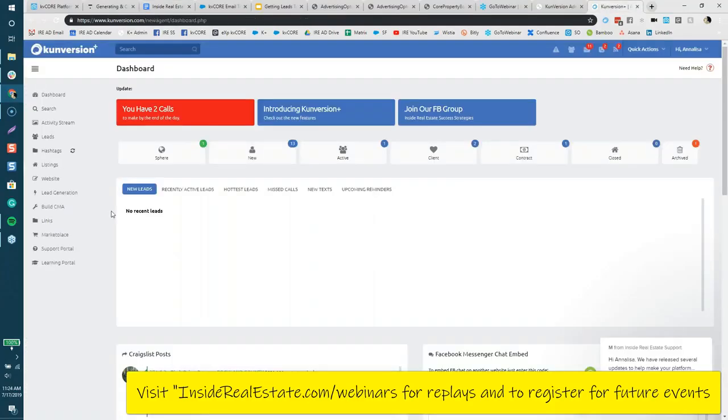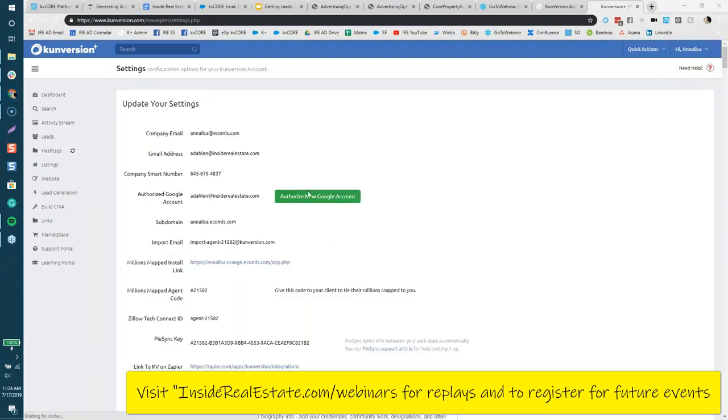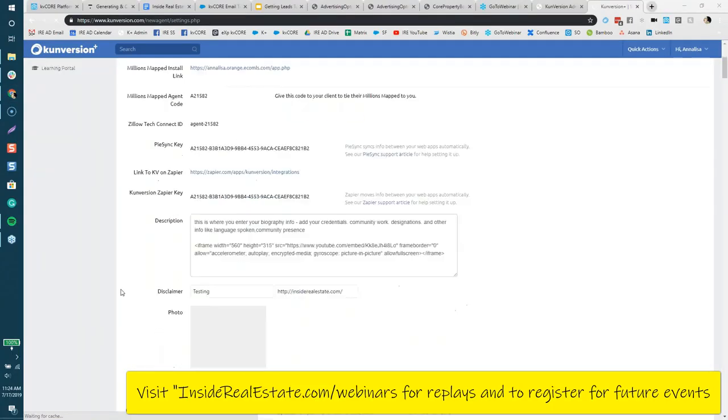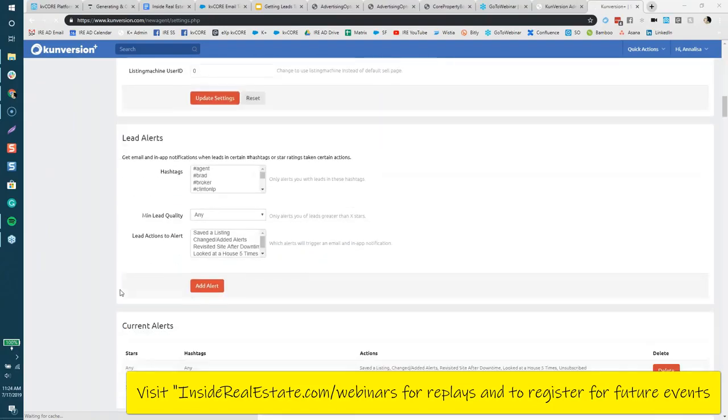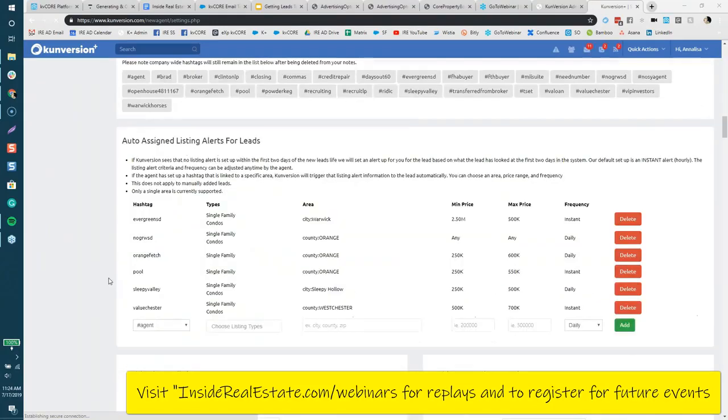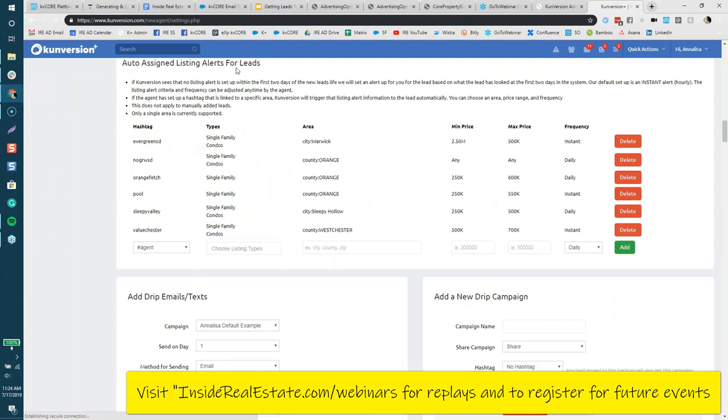On K+, you will actually click on your name, top right, and then My Settings. And about 2/3 down this page, so you're going to scroll on down, you'll see the auto assign listing alerts for leads, and it's right above where your drip campaigns live.